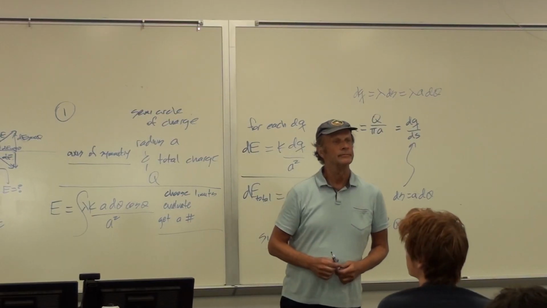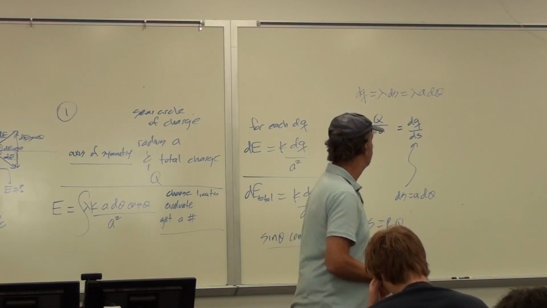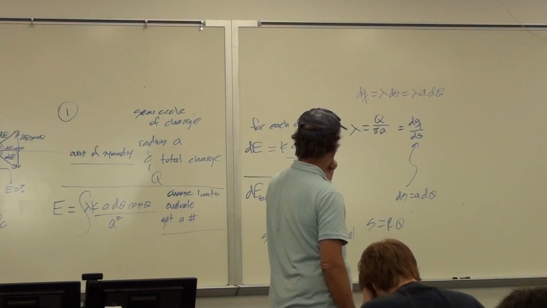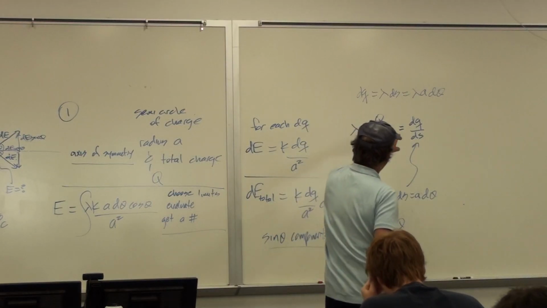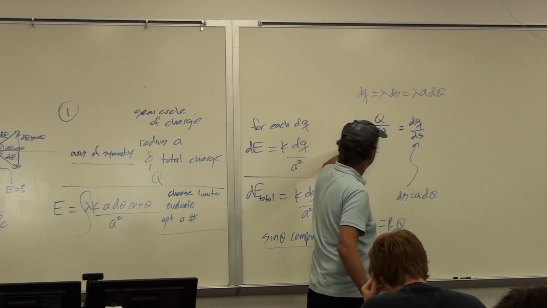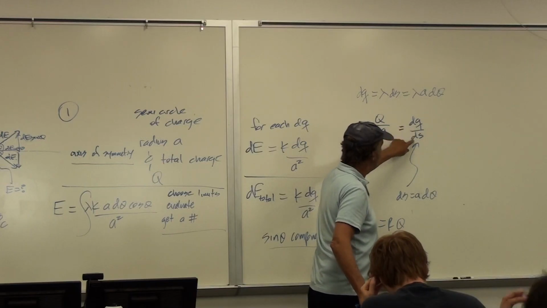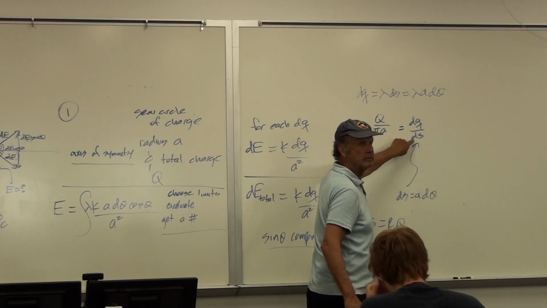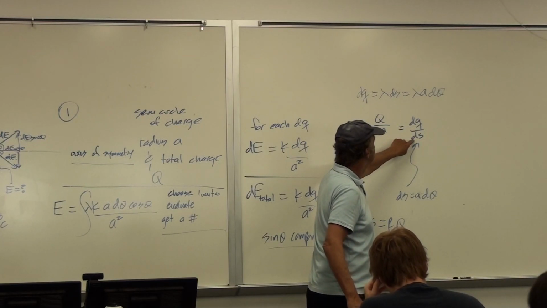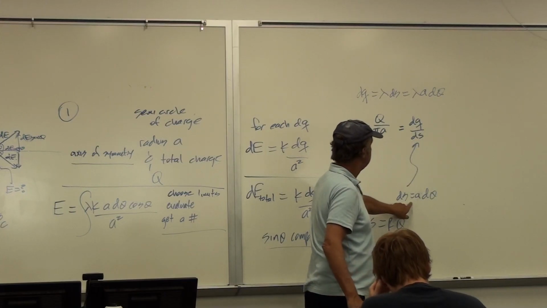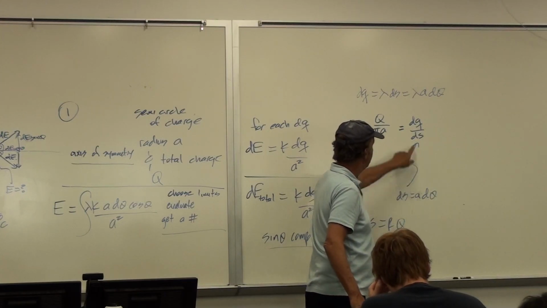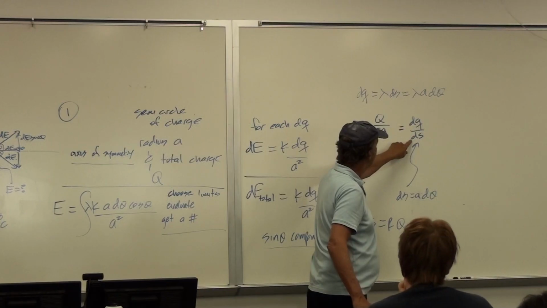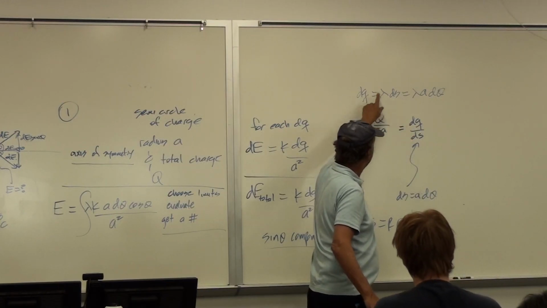Yeah, so on the top it says dq equals lambda times ds equals lambda. Is that, that's from here. Yeah, total charge over total arc length. That's a little bit of charge over a little bit of arc length. Okay, so above that it's lambda q, no, above that? ds is a d theta. So this is dq divided by a d theta equals lambda.